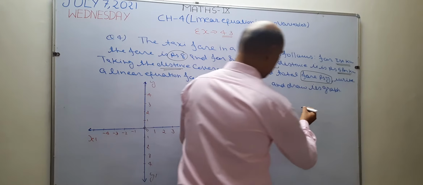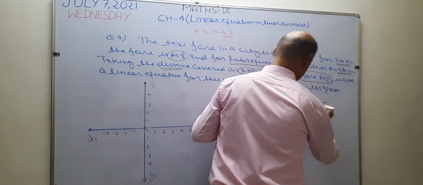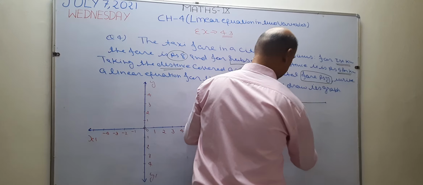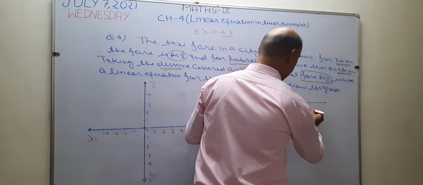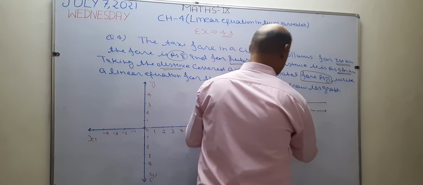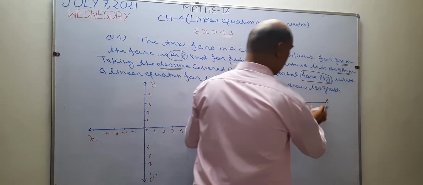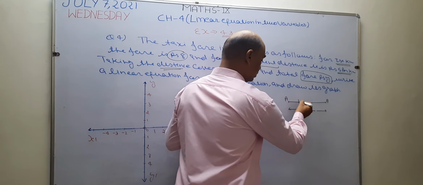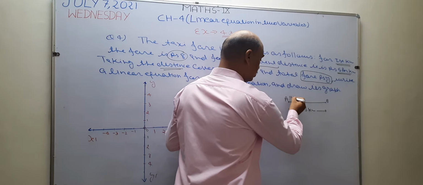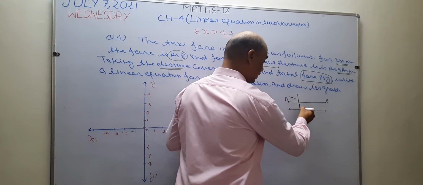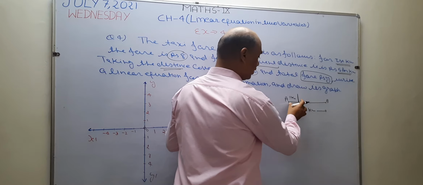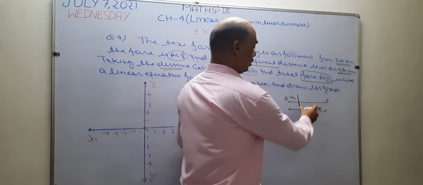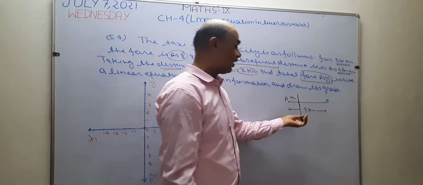Suppose this distance is 5 kilometer. The distance between A and B is 5 kilometer. Suppose this part is 1 kilometer. If this distance is 1 kilometer, the remaining distance you can easily find.